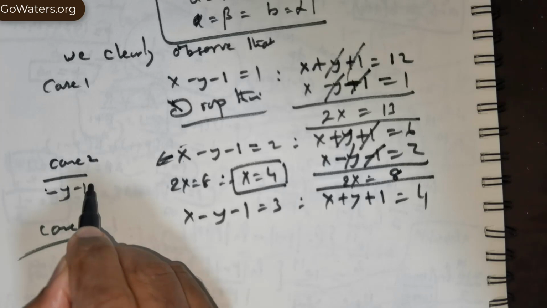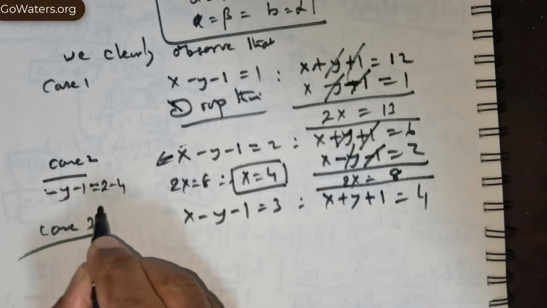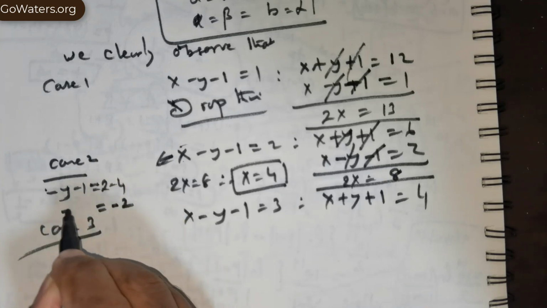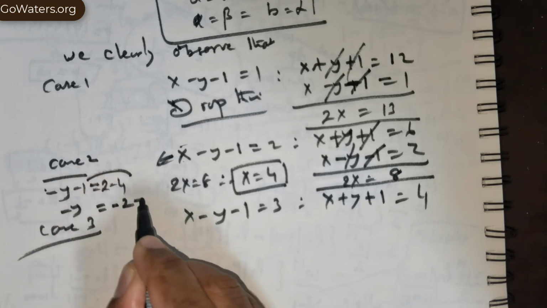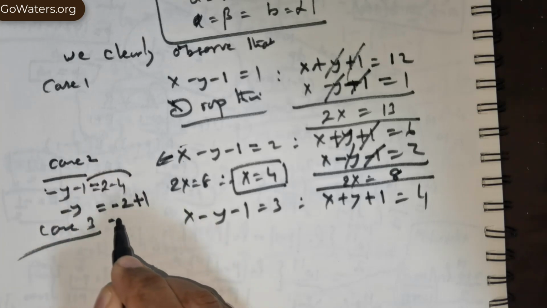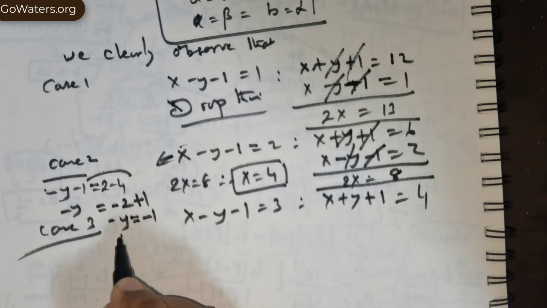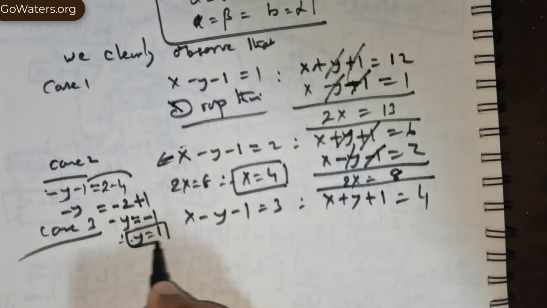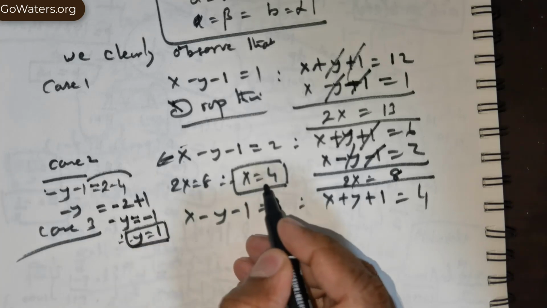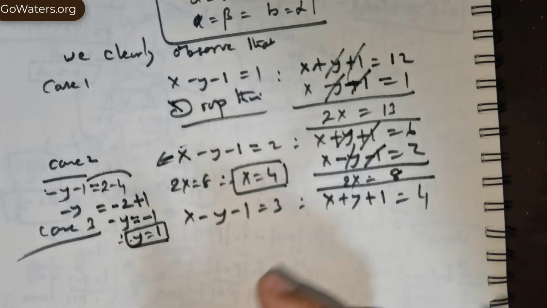You get −y − 1 = 2 − 4, which is −2. You move the −1, you get +1, so −y = −1. Therefore y = 1. So this is the value you get when x is equal to 4, and this is one solution.